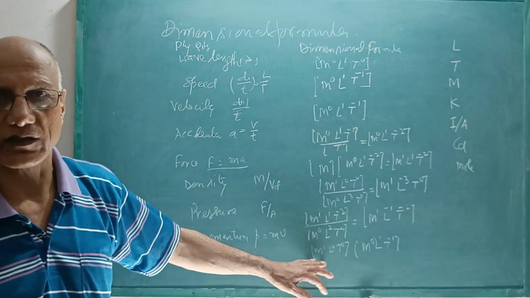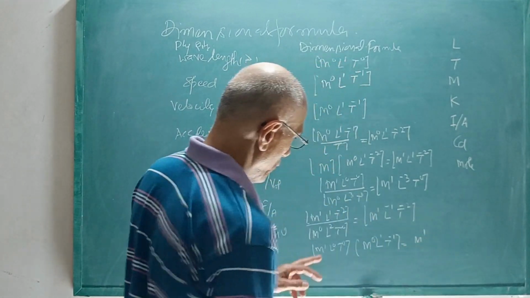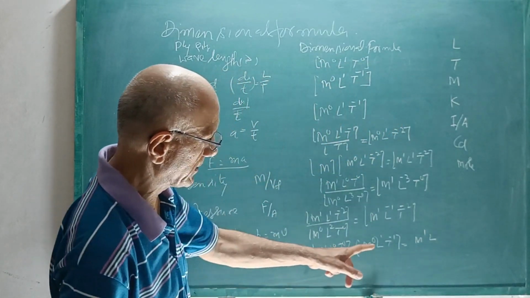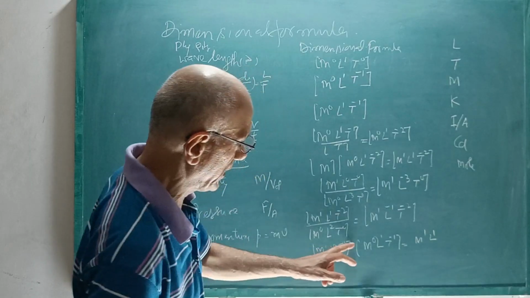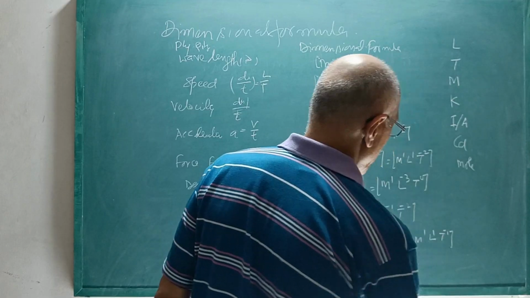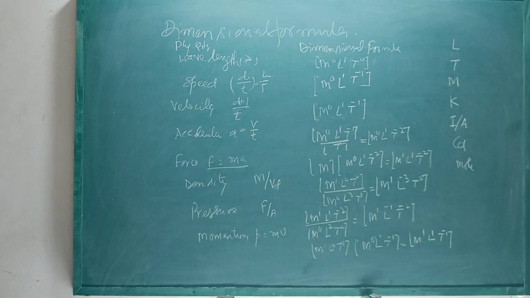After multiplying this, what will it be? M raised to power 1. Very good. Then L raised to power, yes, it is 1. T raised to power 0 minus 1, which is minus 1. So the dimension for momentum is M1 L1 T minus 1.